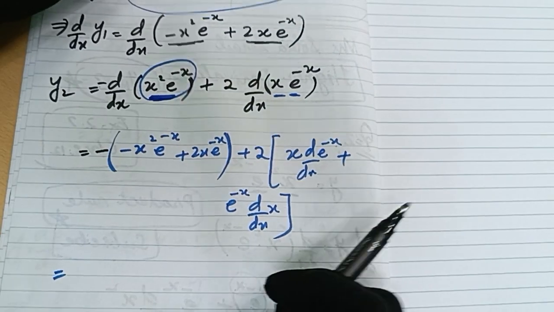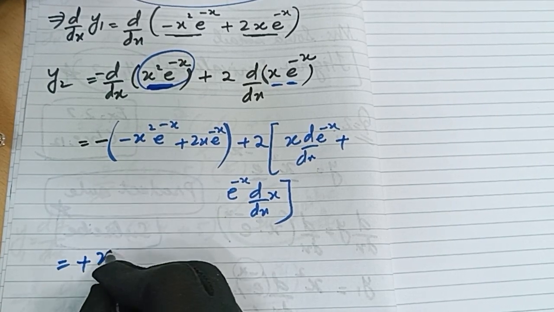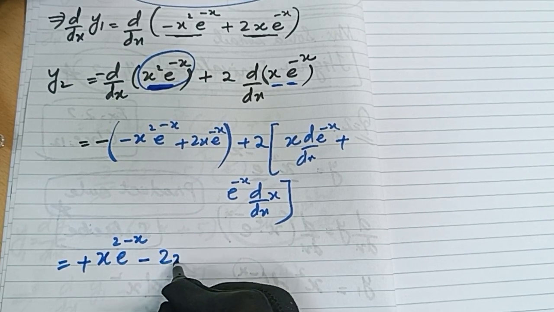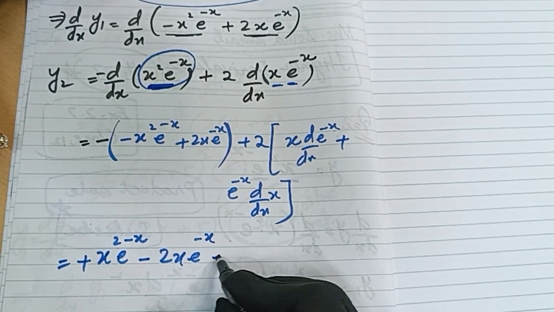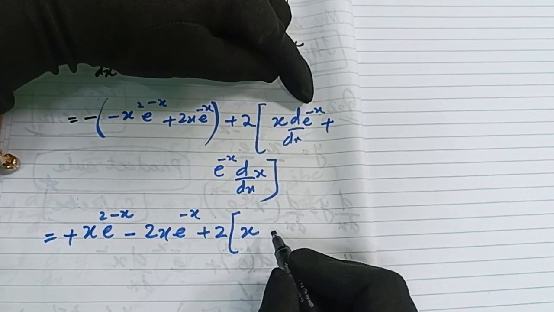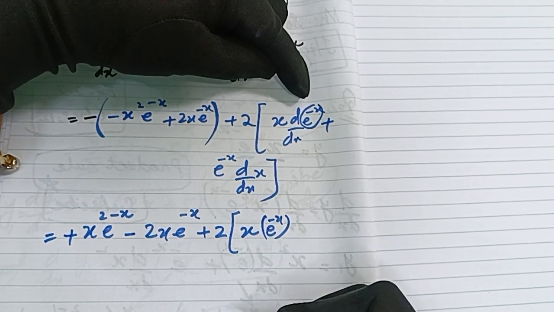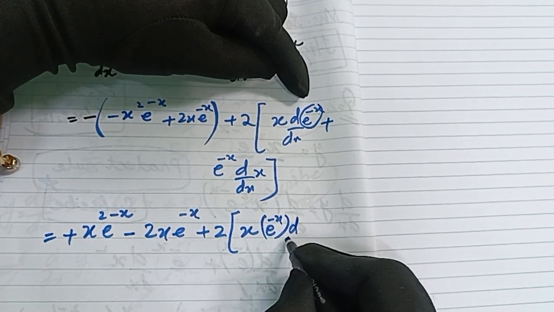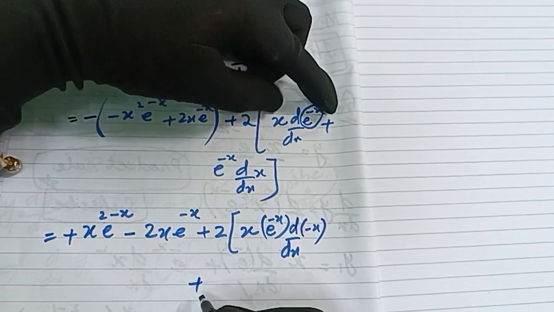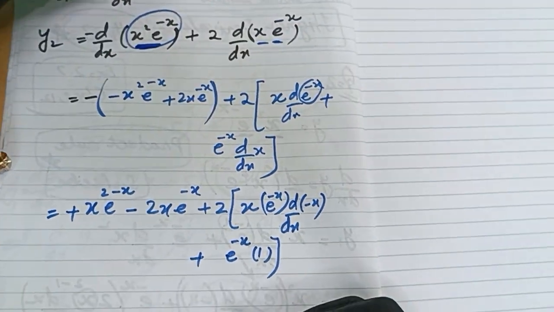Okay, so next what we have to do: minus minus plus x square e power minus x, minus plus minus 2x e power minus x, plus 2 times, x will remain the same, derivative of this will be as it is the function, and derivative of its exponent, plus e power minus x, derivative of this will become 1.